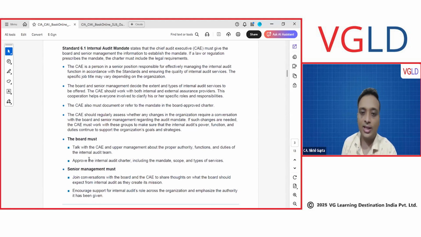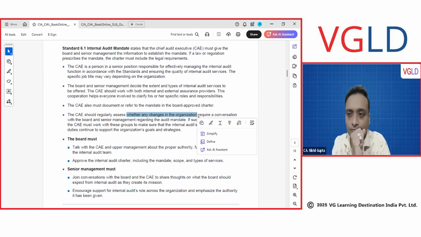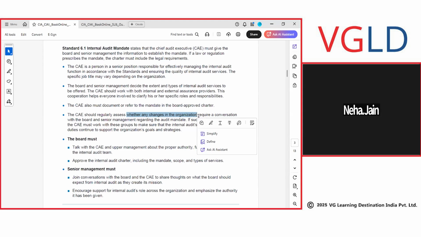The CAE should regularly assess whether any changes in the organization require a conversation with the board. What kind of changes come to your mind when you're reading this? Anybody of you? What kind of changes can be possible? Any changes in particular laws or regulations, or any management change.